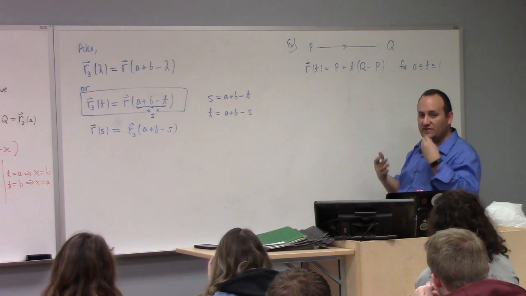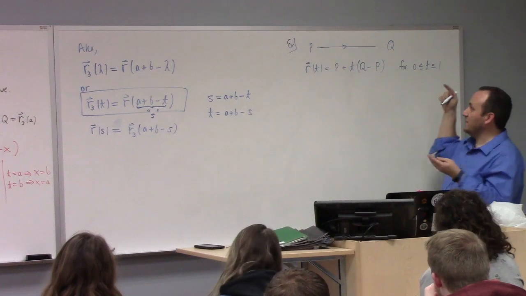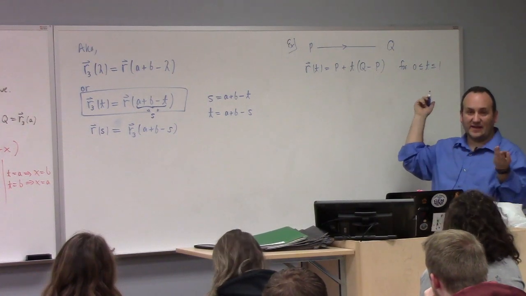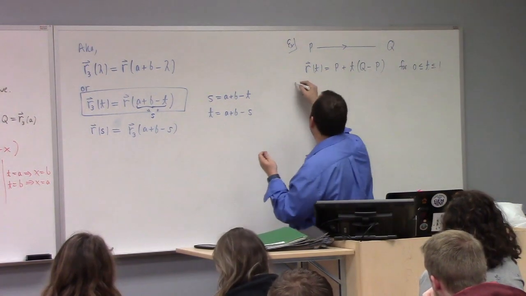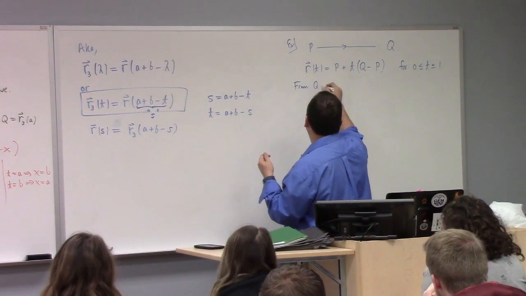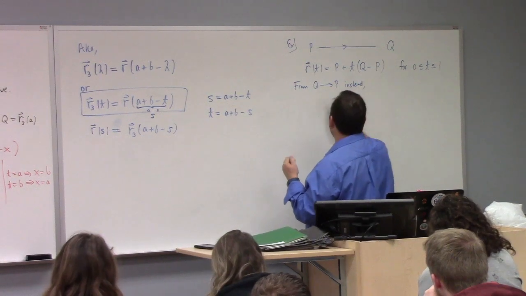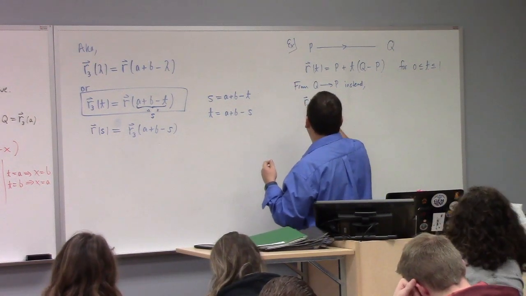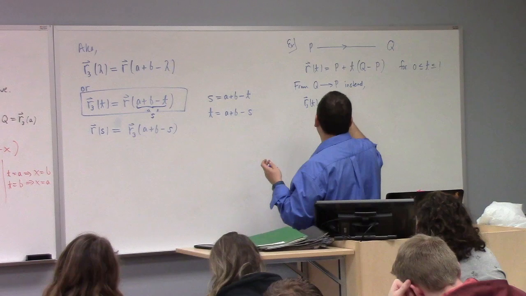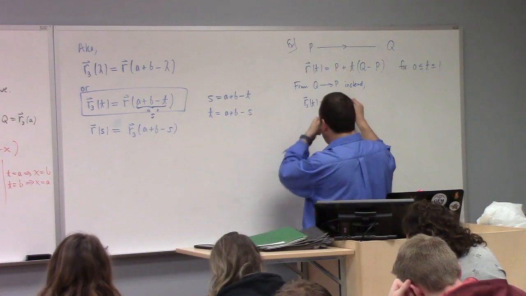What if we do the same trick, but instead of going from P to Q, we go from Q to P? What does that give us? Let me call it R3. R3 of T is equal to what? We just interchange the roles of Q and P, right?